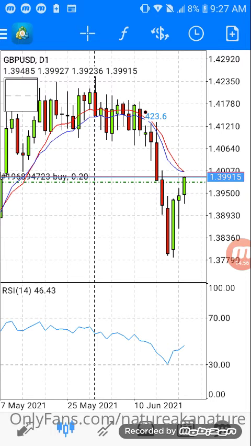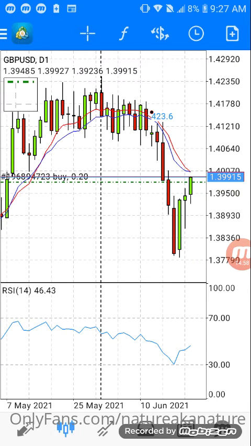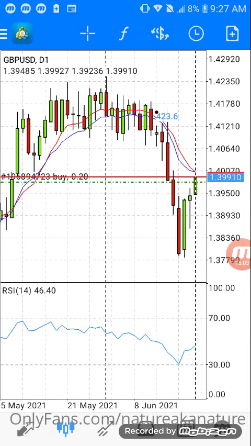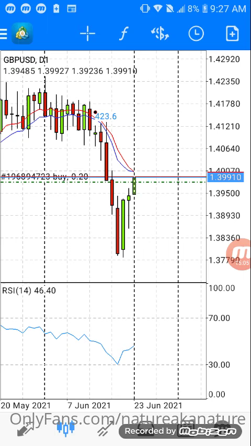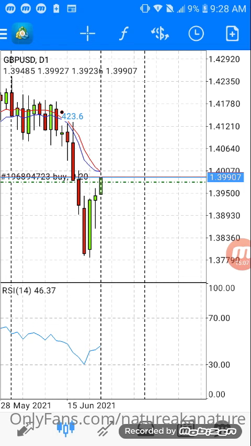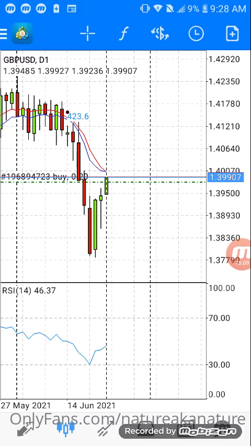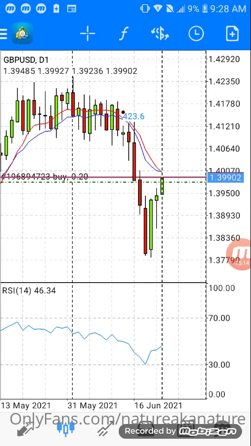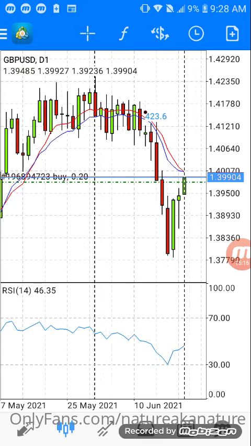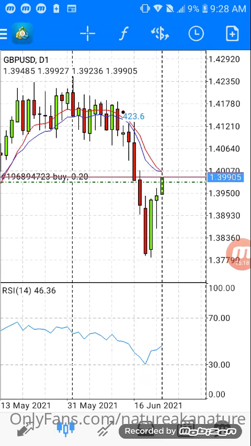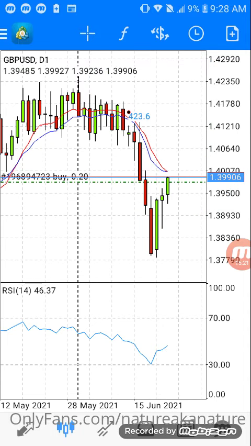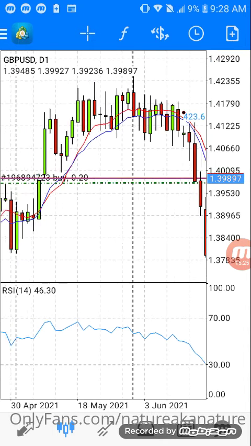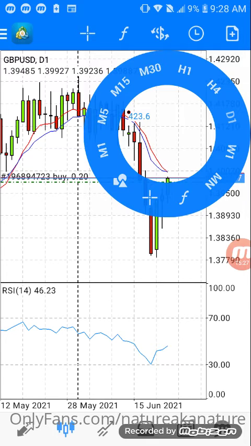Boom. From the swing high. Want to drag that. Come on. Draw it again. Yeah, let me draw it again because it's not sticking.